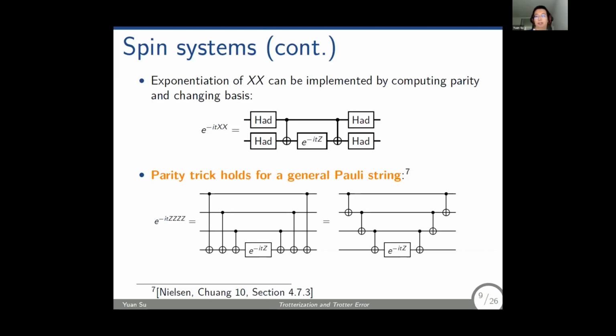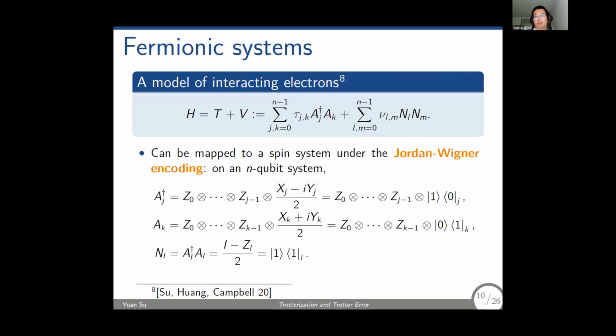Of course, there could be some other systems that you want to simulate. Another system that you can consider simulating is a fermion system, sometimes appearing in the simulation of quantum chemistry Hamiltonians. Again, there are many possible Hamiltonians that you can consider. A model that we previously considered in our work is this model of interacting electrons.